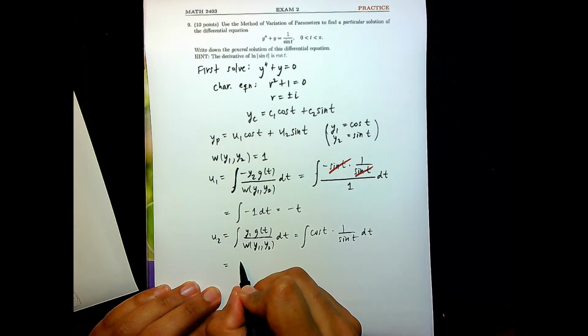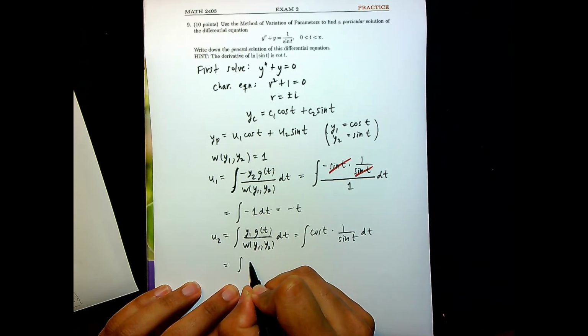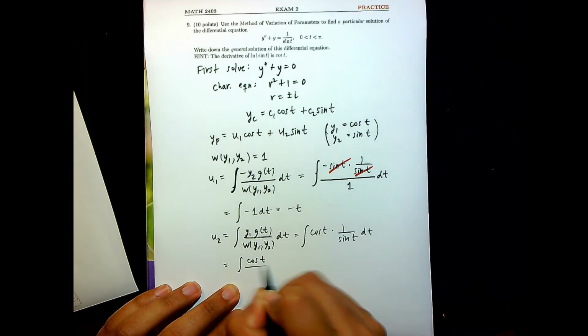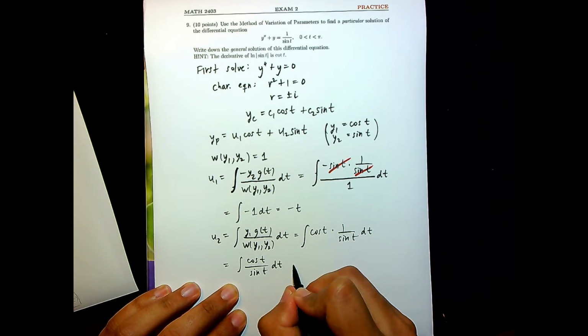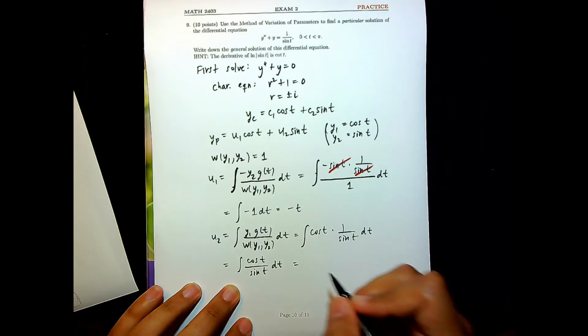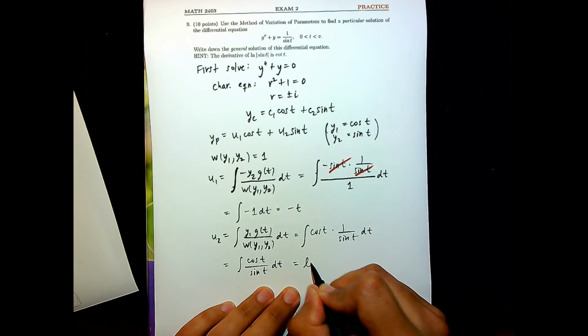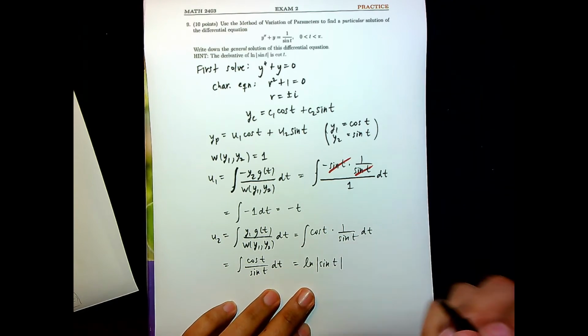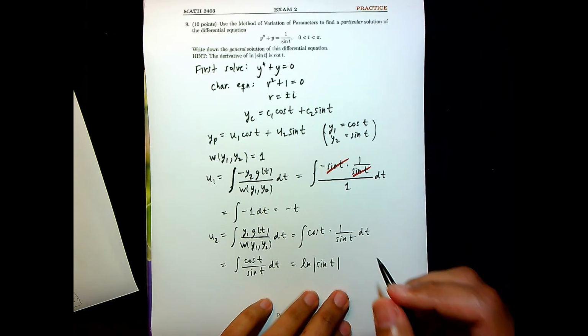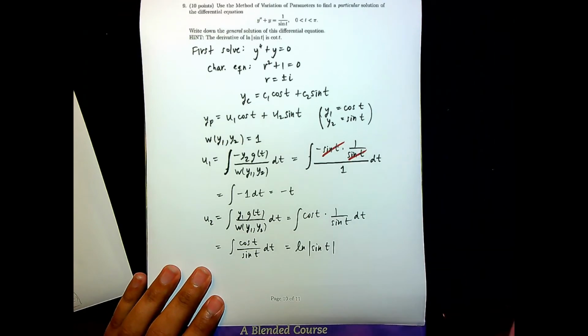This is the integral of cosine of t over sine of t dt, and this integral is the ln of the absolute value of sine of t plus c. Okay, we're not going to write the plus c.